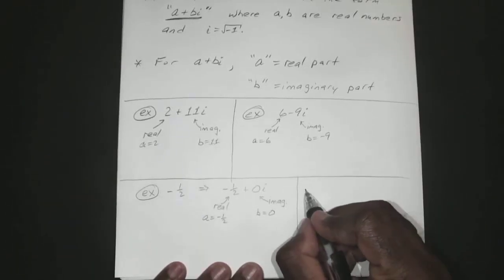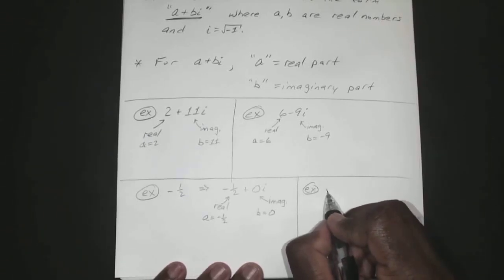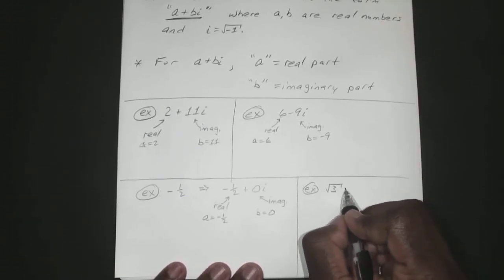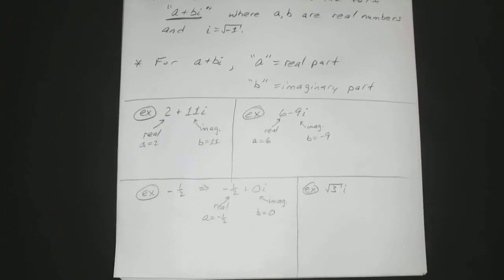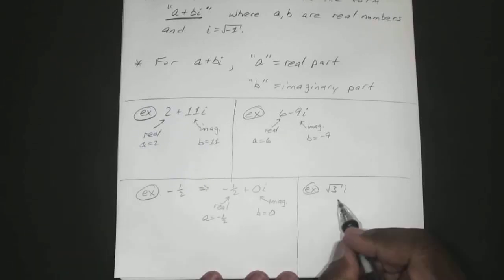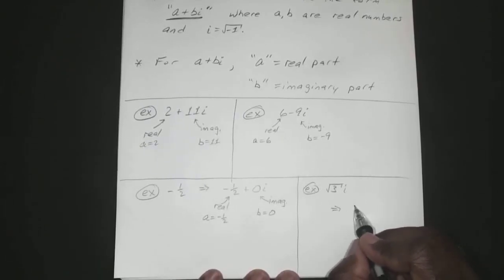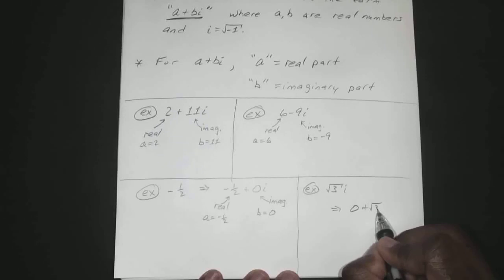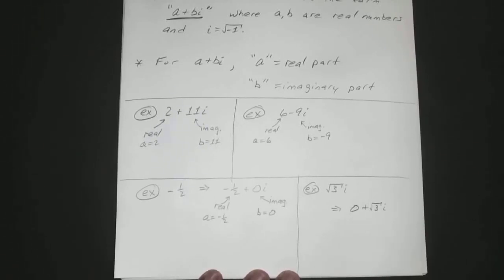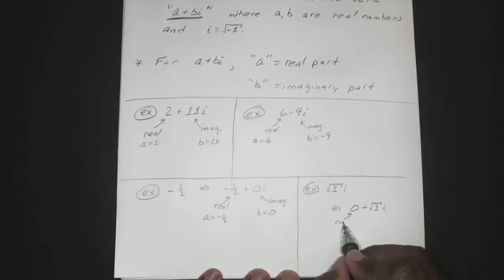Or what if we had square root of 3i? You can just rewrite it as 0 plus square root of 3i. We know this is our real part.